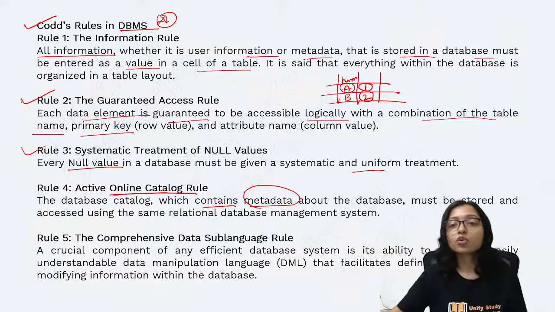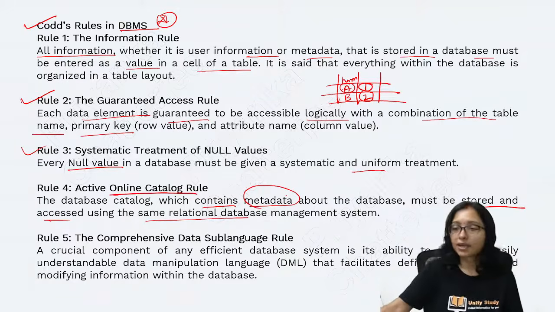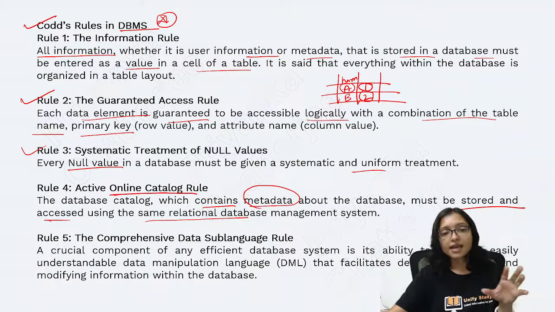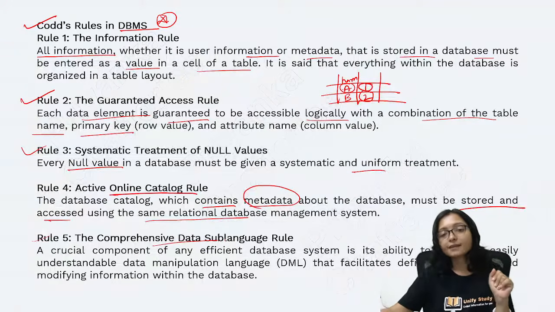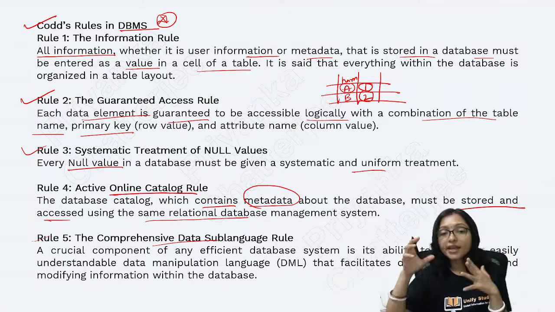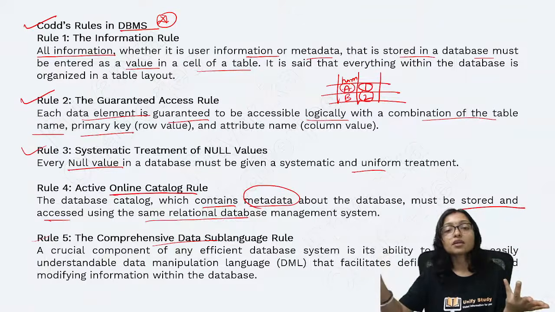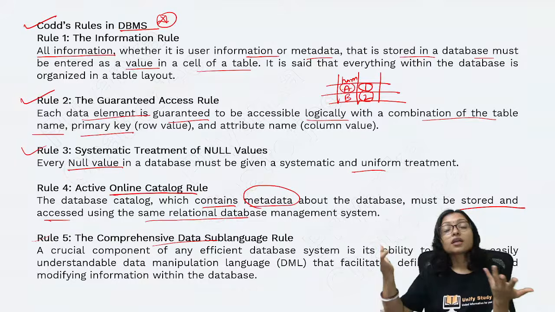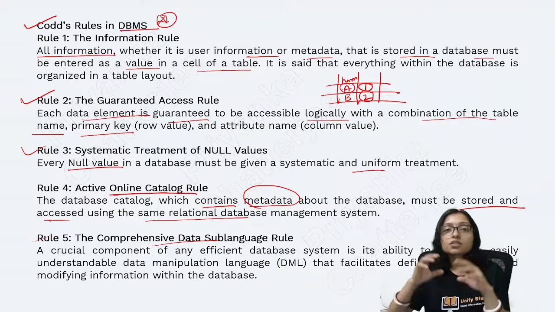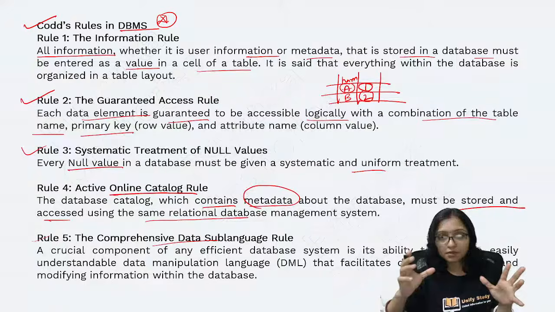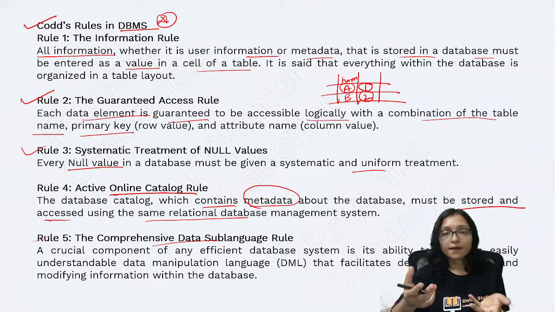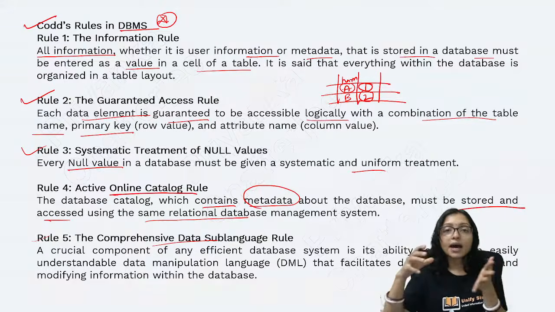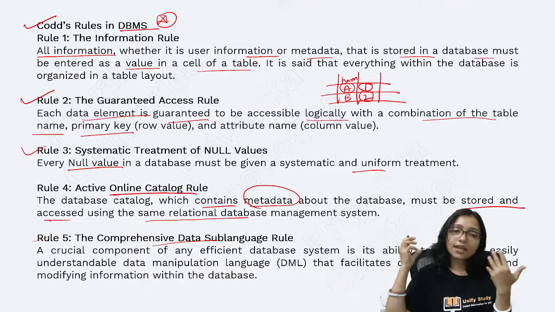So the catalog must be stored and accessed using the same relational database management system. This is the active online catalog rule. Next one is the comprehensive data sublanguage rule. Comprehensive data sublanguage rule means what? DML, data manipulation language, because throughout the database you have to manipulate the data, like insert data, update data, delete data.